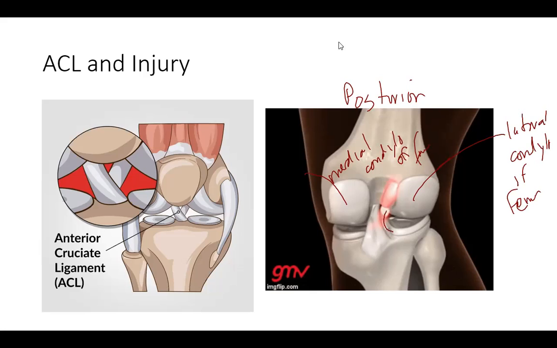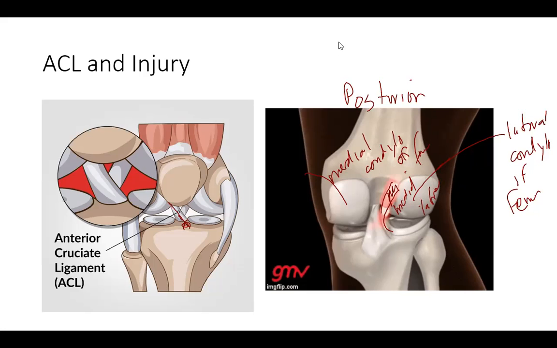Here comes the ACL right here. The ACL attaches to the medial side. This is the lateral condyle, but this is the medial side of the lateral condyle. This is the lateral side. I know it's confusing. So it comes up from the front and goes to the medial surface on the lateral condyle.